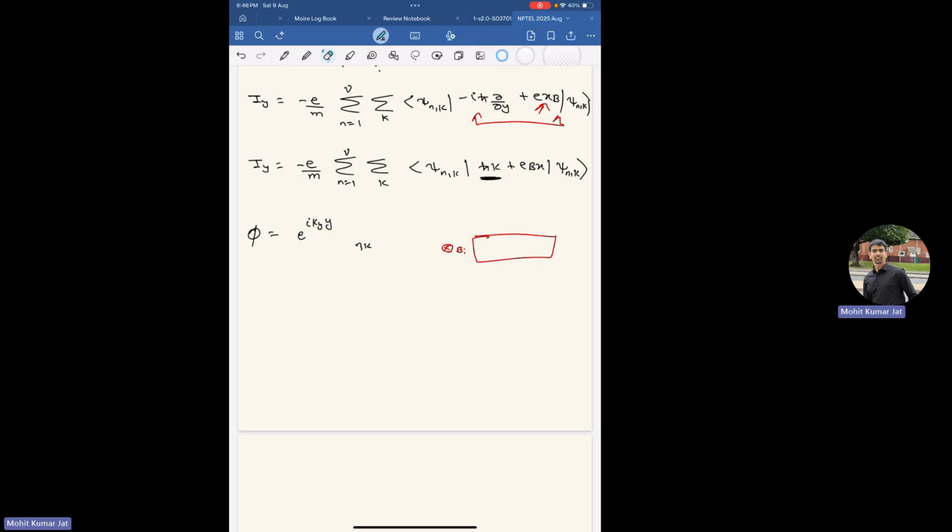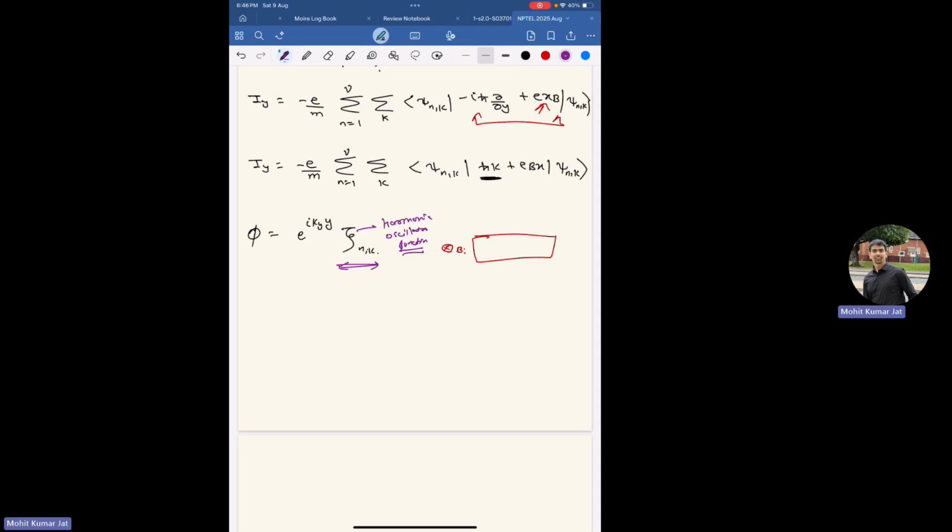Let me just call it some other wave function, zeta n k. It will be like this. If you are operating i h bar del by del x, then this is the harmonic oscillator function. This will make the expectation value of momentum 0.